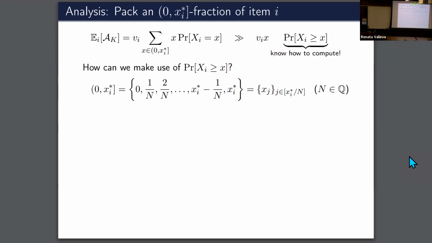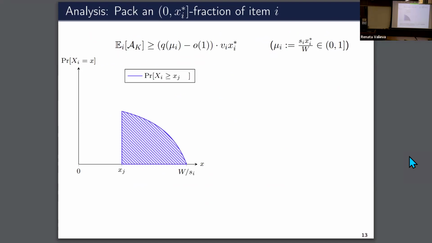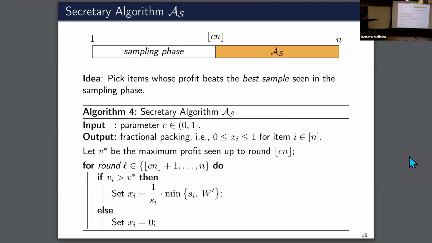So for the secretary algorithm, they actually consider not only one item, but up to k, where I think k is 3. So they considered all the ways in which you can pick 3 items. So you get a bit better.